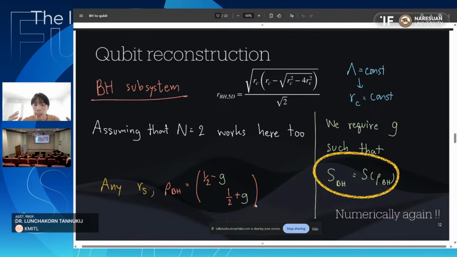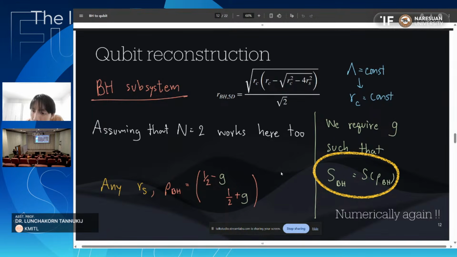If this kind of density matrix can identify its entropy with the entropy of the cosmological subsystem for all values of Rs, then this form of density matrix must also be able to be identified with the entropy of the black hole subsystem as well.